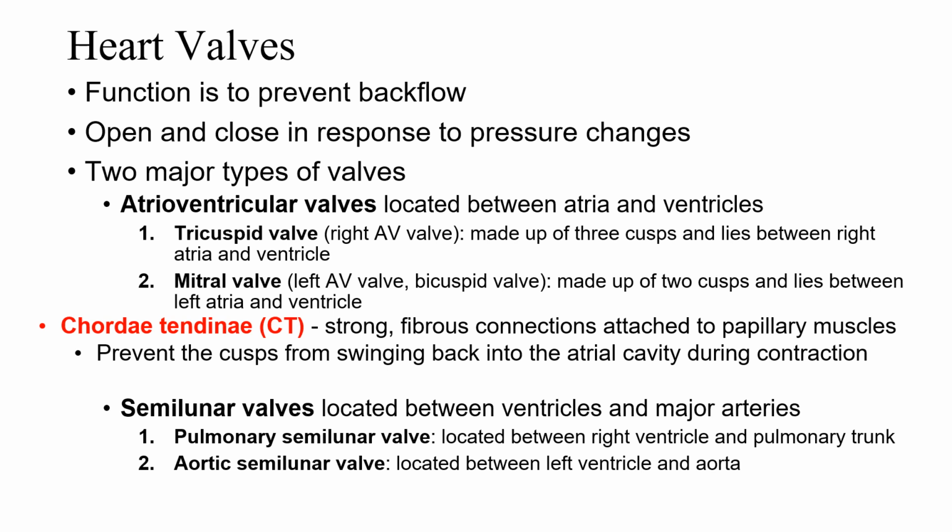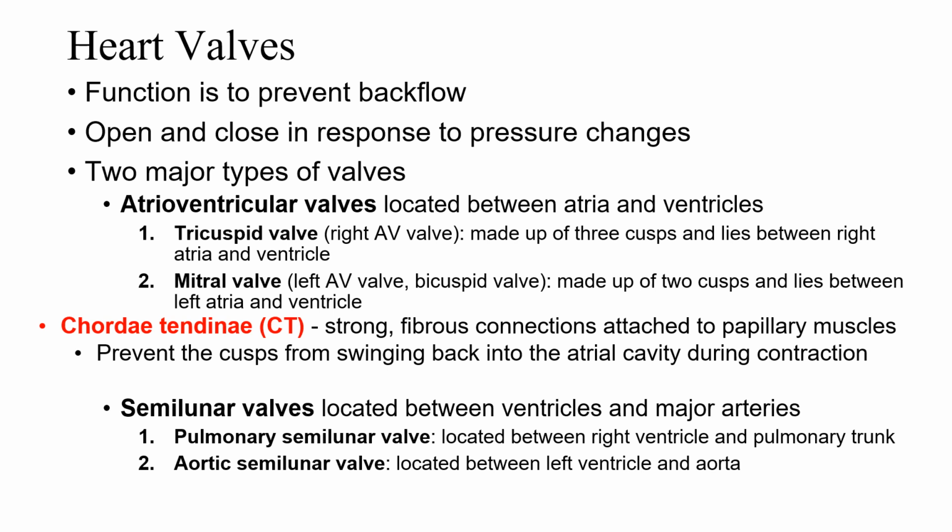Okay, so the atrioventricular valves, that is one type of valve. The other type is the semilunar valves. These are going to be located between the ventricles themselves and the arteries that they pump to. The pulmonary semilunar valve, as the name implies, is between the right ventricle and that pulmonary trunk that it pumps to.